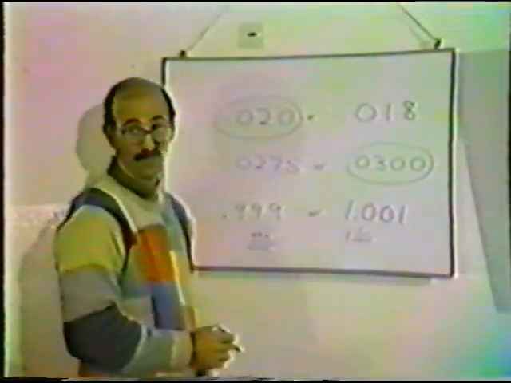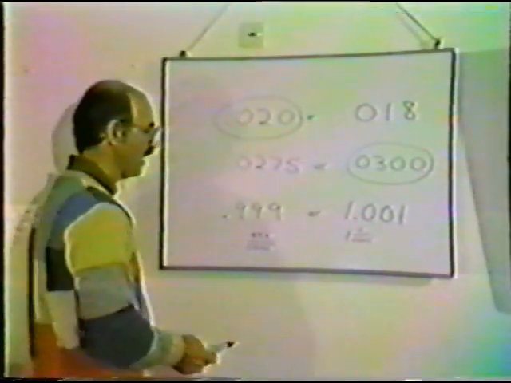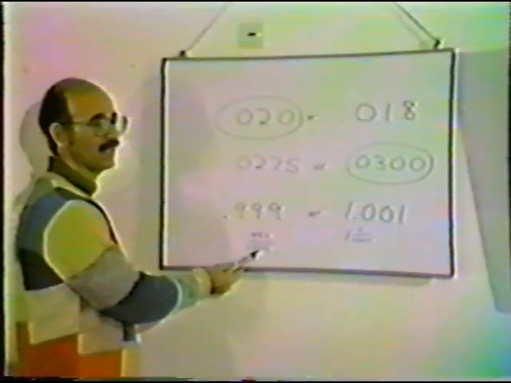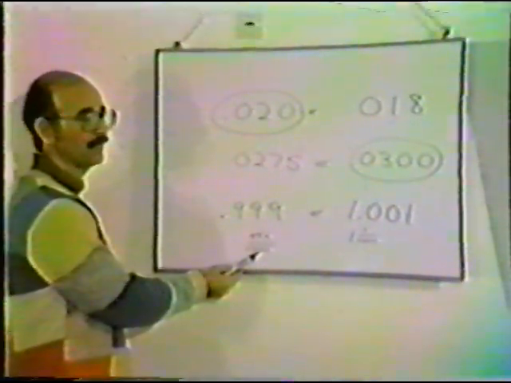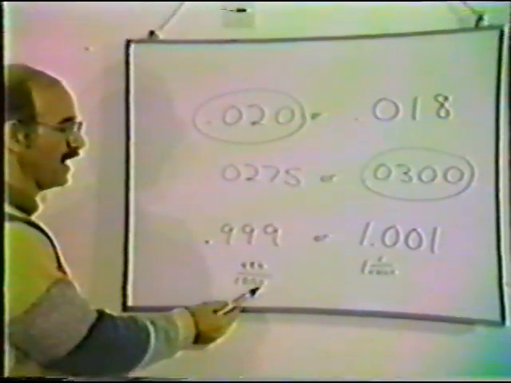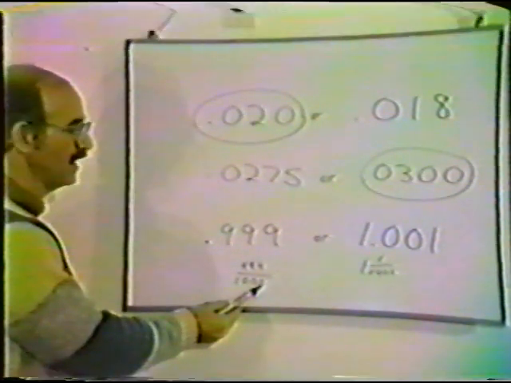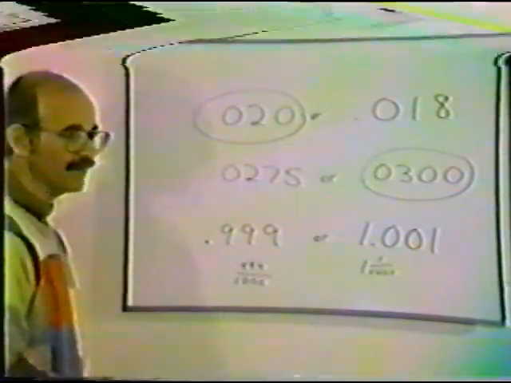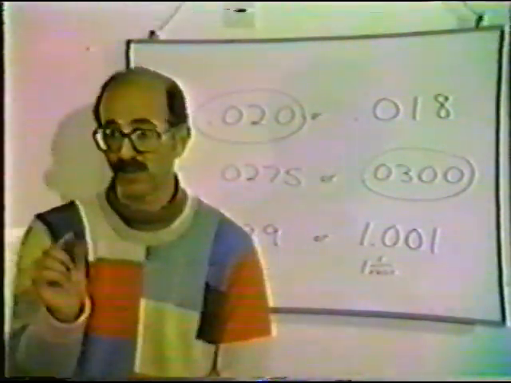So it takes a little practice, doesn't it? Yes. Well, is this one here more or less than one whole pizza pie? Less. This is a pizza pie cut in 1,000 pieces, and you got to eat 999 of them, and there was one little one left for Uncle Dan.